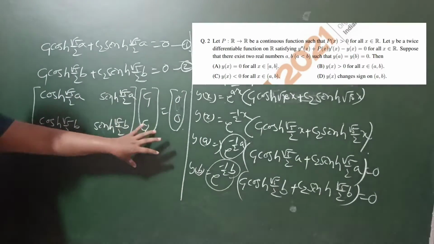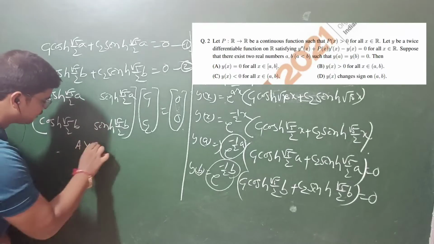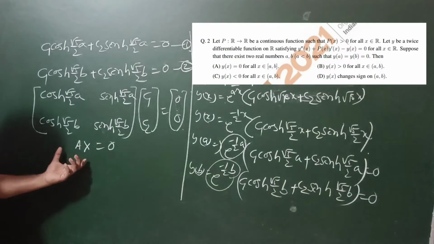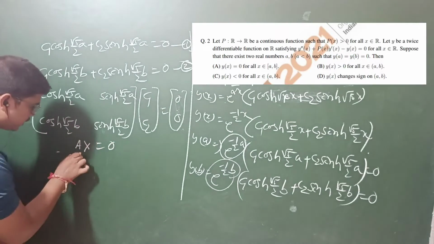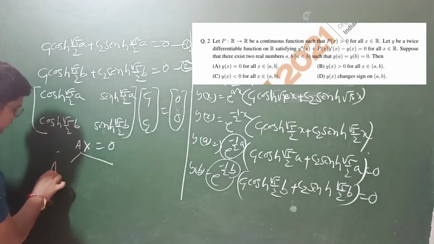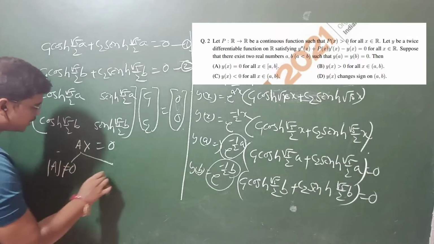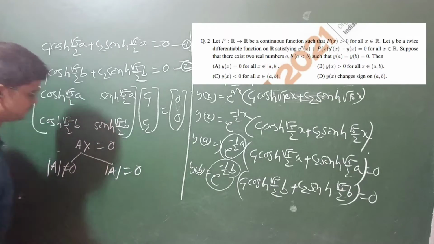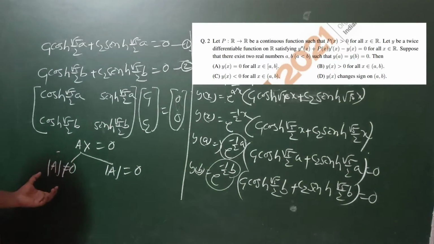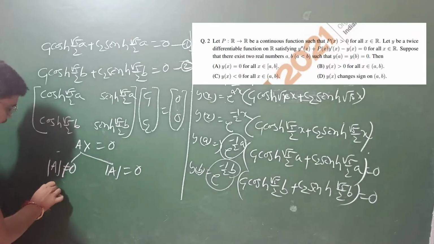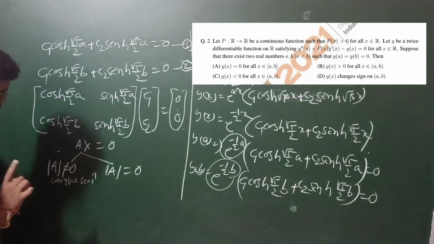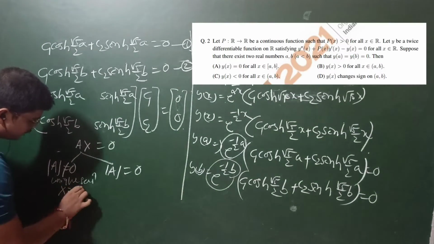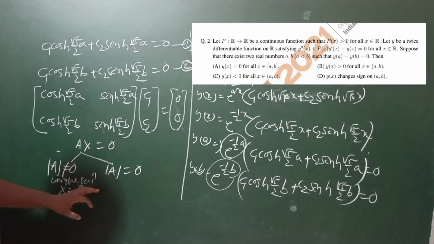Now this is in the form of Ax = 0, which is a system of equations, and we know in this system of equations there are two cases: determinant of A not equal to 0 and determinant of A equal to 0. If determinant of A is not equal to 0, then it has a unique solution, which is only x = 0.